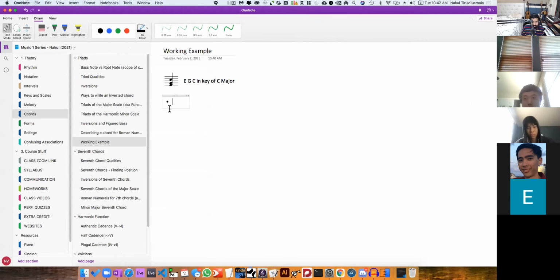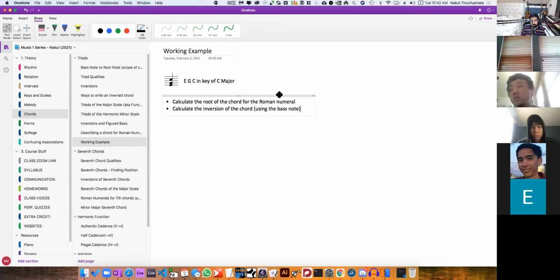We need to calculate the scale degree, the root of the chord for the Roman numeral, and then we need to calculate the inversion of the chord using the bass note for the Arabic numerals, okay?